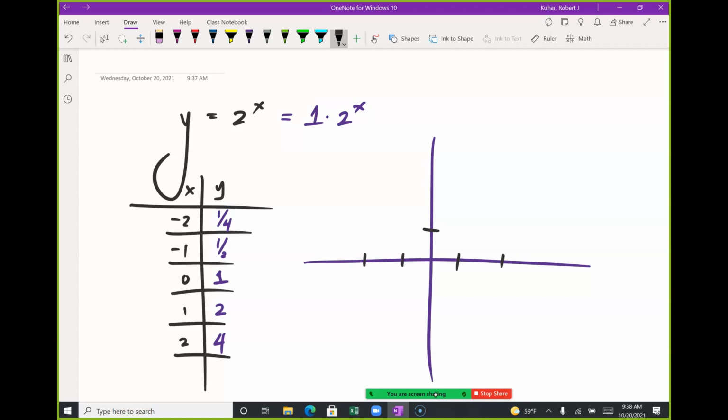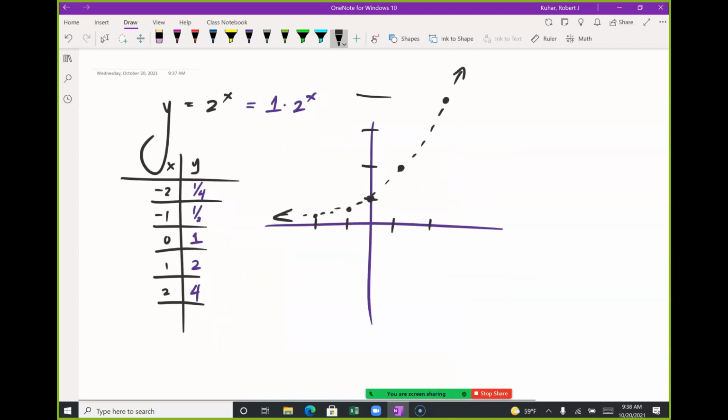So at 0, I get 1. At 1, I get 2. At 2, I get 4. At -1, I get 1/2. At -2, I get 1/4. So there's my exponential function. Now we're going to be looking at the inverse function of this, right? And what's special about the inverse function?